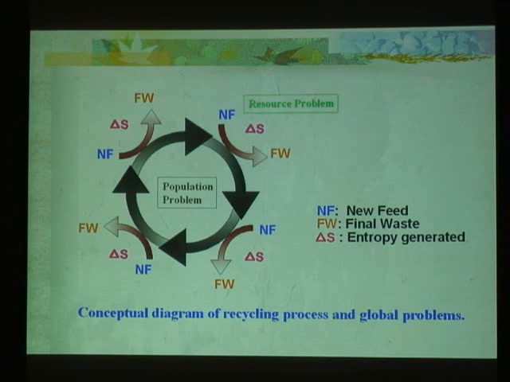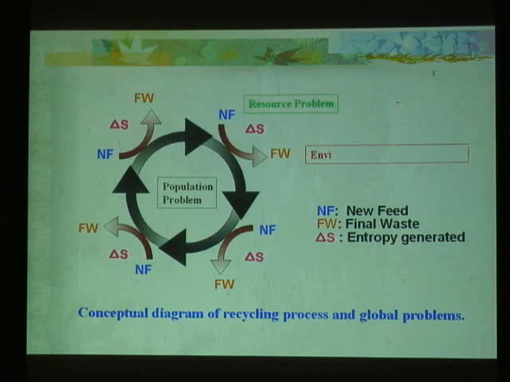Resource problem. If we watch only the black circle, we have no resource problem. But to continue this circulation, we need new feed from outer systems, natural systems. This is the real resource problem. Not these resources, another resource problem we should have.